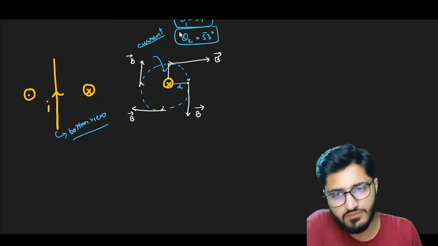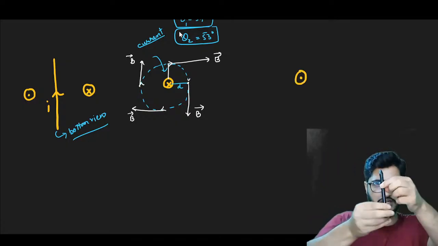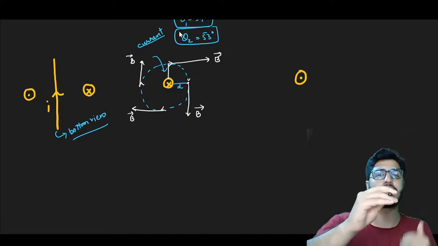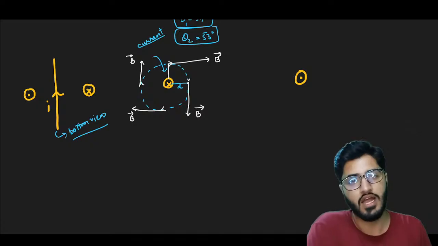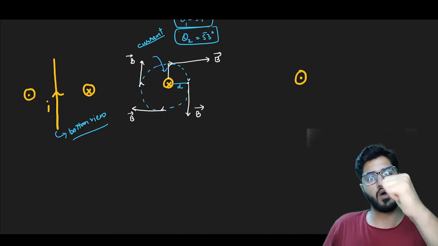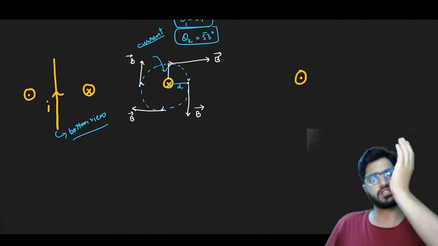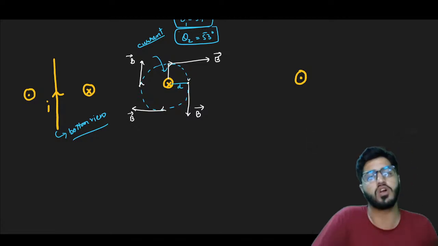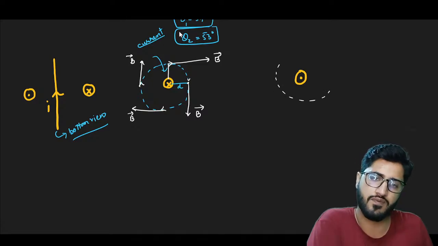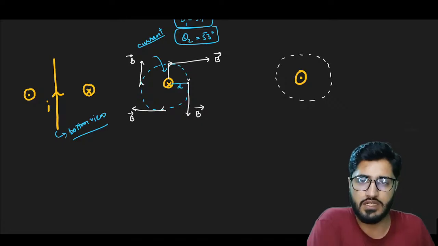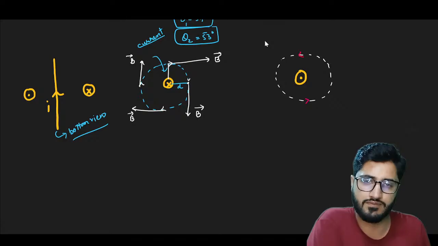Suppose now current is a dot, that means you have the wire and current is perpendicular and out of the plane. It is dot. If you take your thumb outside the plane, the fingers still curl, no? It is anti-clockwise or counterclockwise. So you can place it in this way. Now it is in the anti-clockwise way.